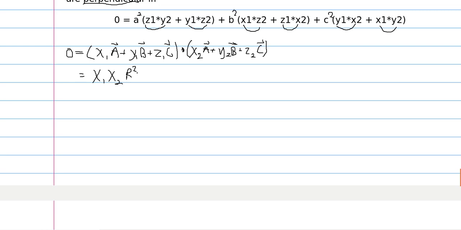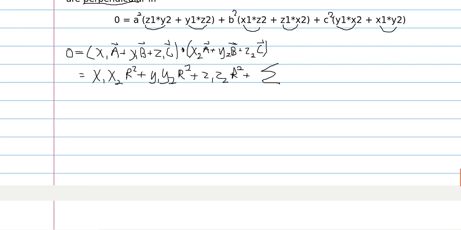Again, that's from part 0, plus y1, y2 r squared plus z1, z2 r squared plus, and now for each combination of vectors, so let's say a dot b, and remember that we had that was equal to r squared minus c squared.